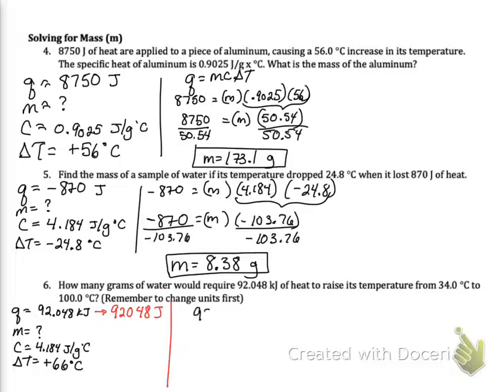So 92,048 equals M times 4.184 times 66. Multiply 4.184 by 66, I get 276.1 times my mass.